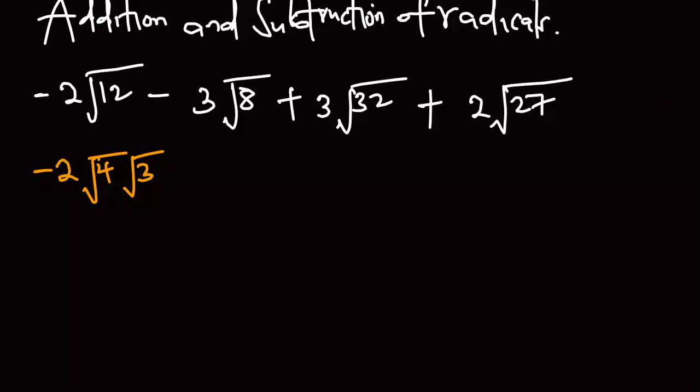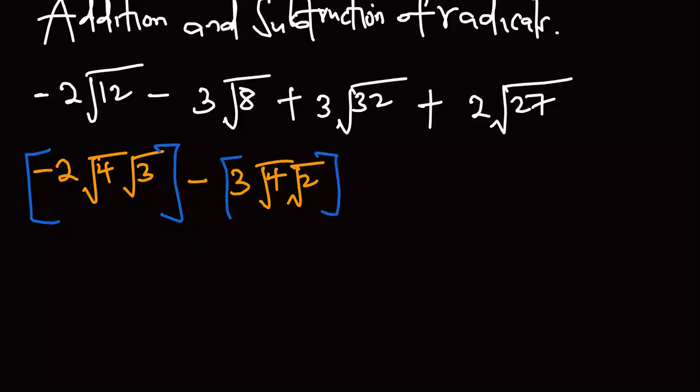So let me put this bracket so that it will help us to differentiate. Then minus 3. Which two numbers when you multiply you get 8? It is 4 times 2. So root 4 times root 2. That way, put the brackets, then plus 3. Which two numbers when you multiply you get 32? 16 times 2.